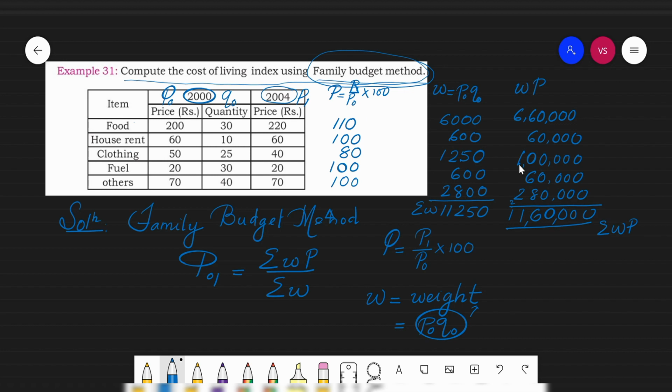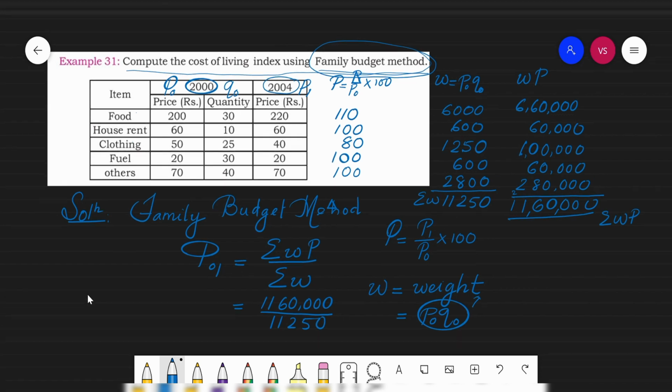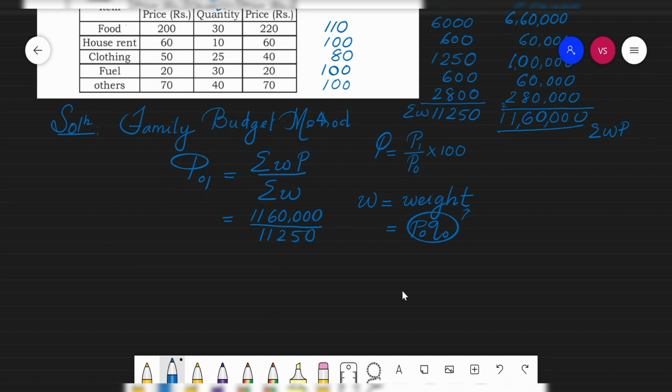So we substitute these values here: 11,60,000 divided by 11,250, we get 103.11%, students.